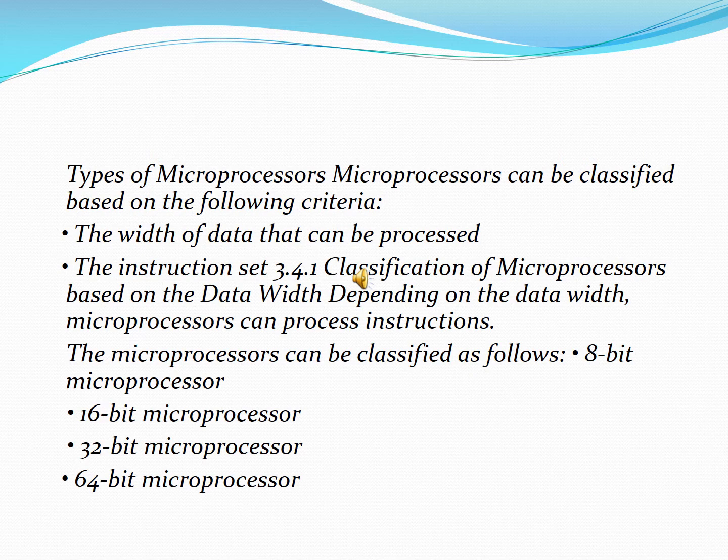Reduced instruction set computer. This is one word. You should mark the expansion of RISC: reduced instruction set computer. Next, you should mark the examples of RISC processors: Pentium 4, Intel Basic, and AMD K6 and K7.